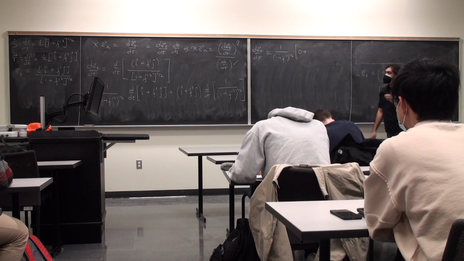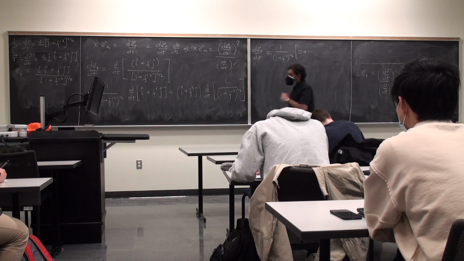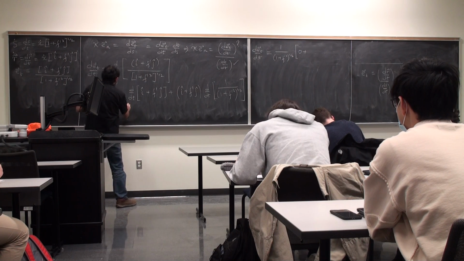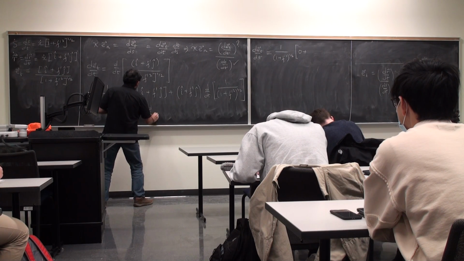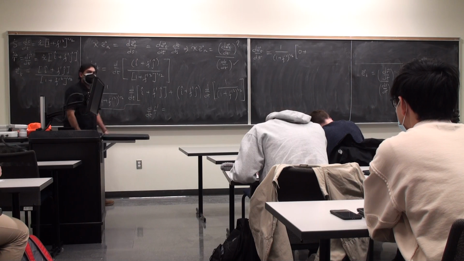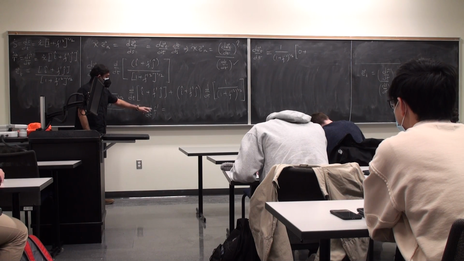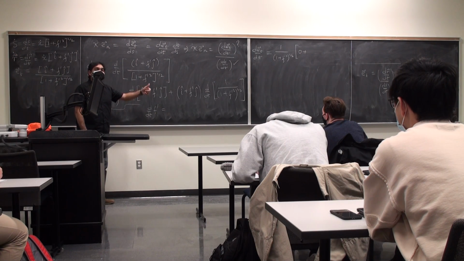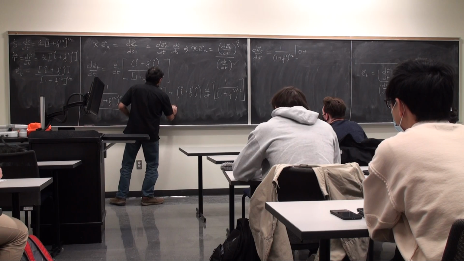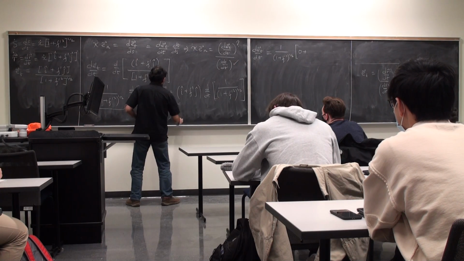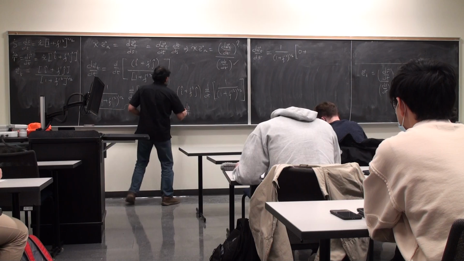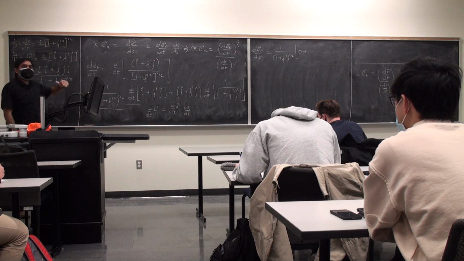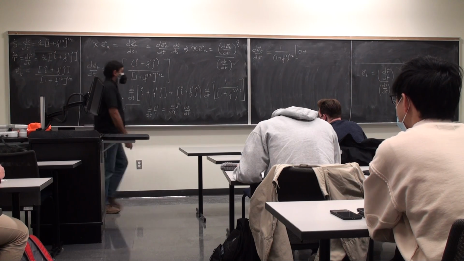Then I'm going to have d by dt of f prime. Let me write this here, hopefully everybody can see. d by dt of f prime, I'm going to use the chain rule. So first the differentiation with respect to x and then differentiation of the x itself. This is essentially d by dx of f prime times dx by dt. dx by dt is x dot. df prime by dx is the second derivative of f with respect to x, so f double prime.